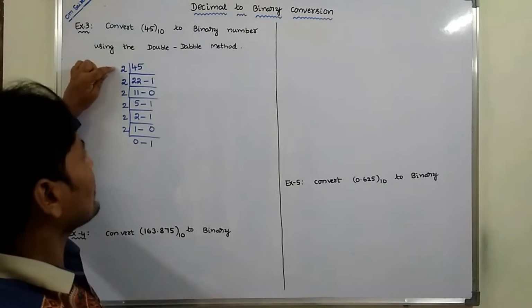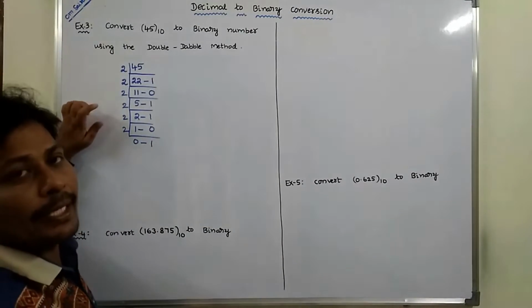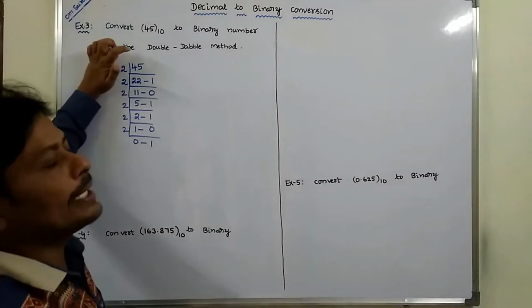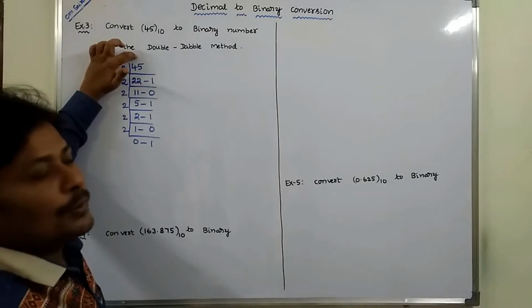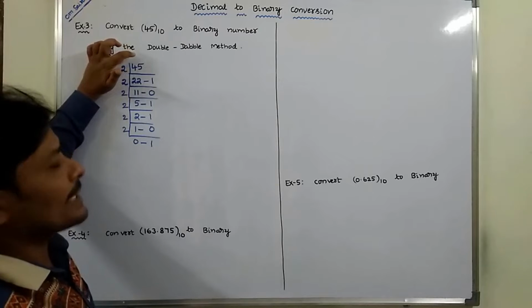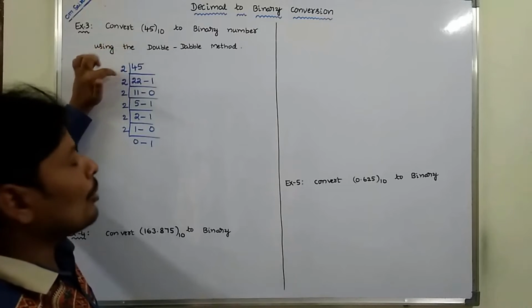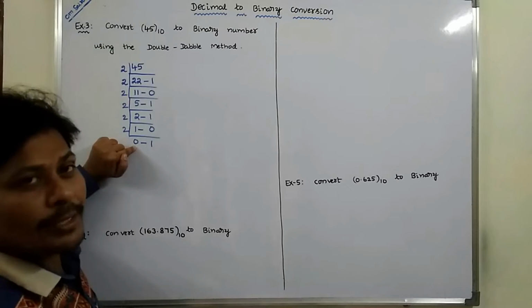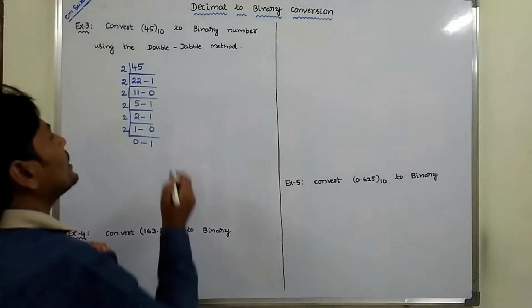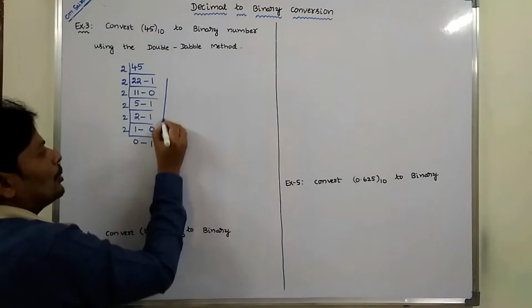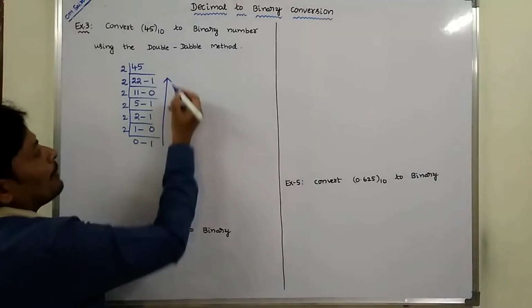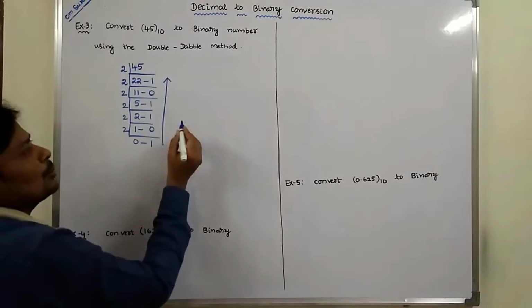In the successive division by 2 method, the given decimal integer number is successively divided by 2 until the quotient is 0. Whenever the quotient is 0, read the remainders from bottom to top.